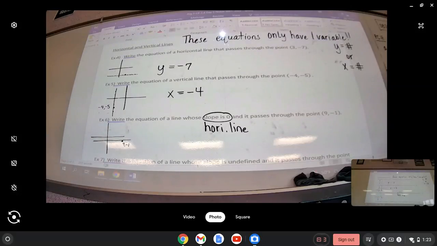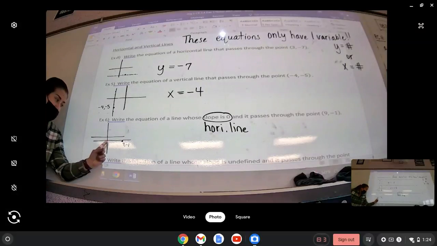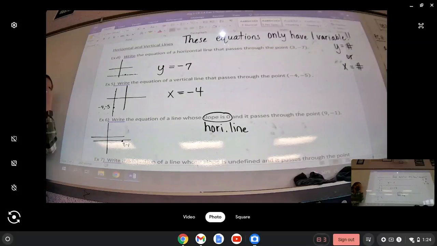Tell me right now, on that horizontal line, which coordinate never changed? The x coordinate or the y coordinate? X changed like crazy. The y coordinate, the -1, never changed. Every single point on this line has that y coordinate.